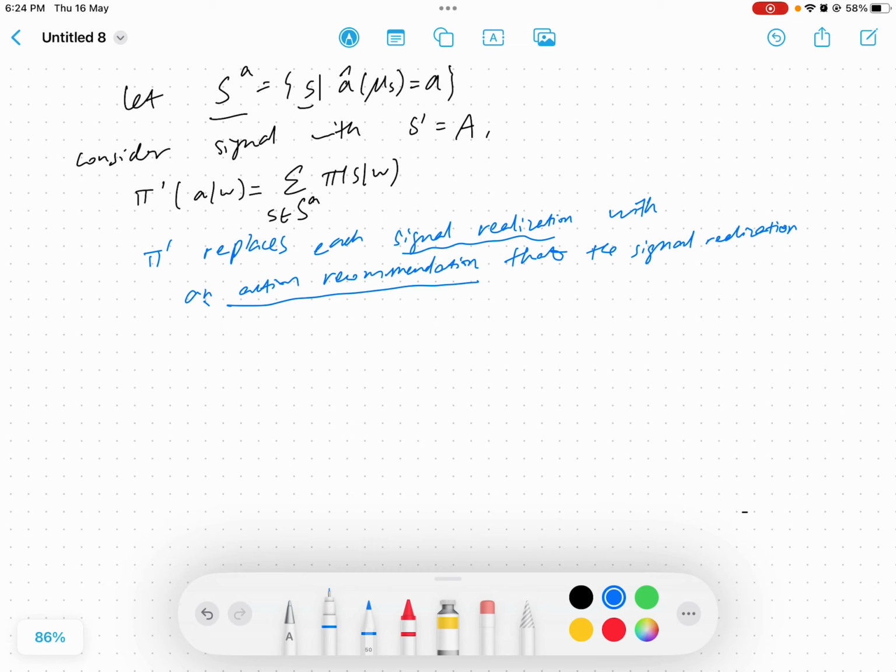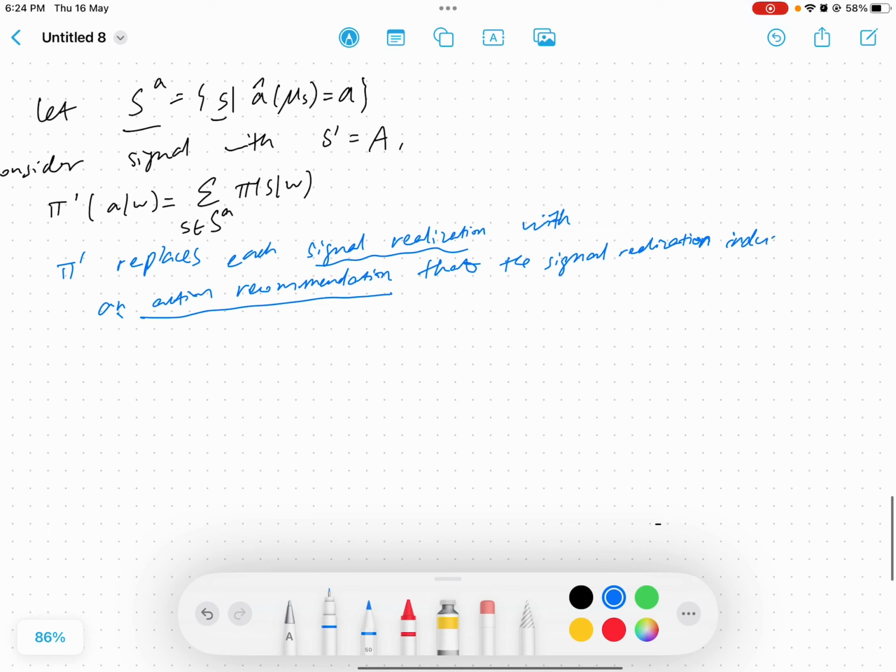So this sentence from the paper looks quite long and hard to understand, but it is actually very useful for understanding the key part of this proof, right? What we're doing here is trying to formally establish the concept of this action recommendation that the resignalization induced.